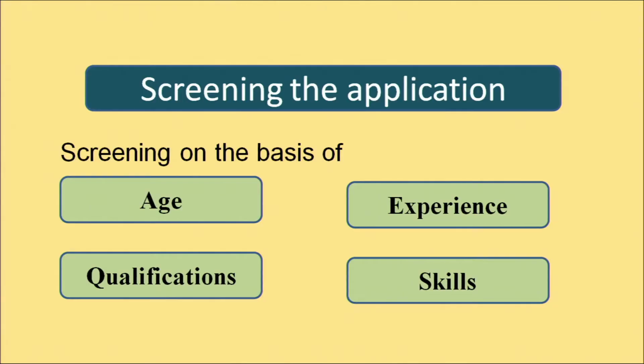By screening the minimum eligibility, the organization screens the candidates for the further steps. There are four kinds of eligibility: age, experience, qualification and skills. All of these are checked in the first step.